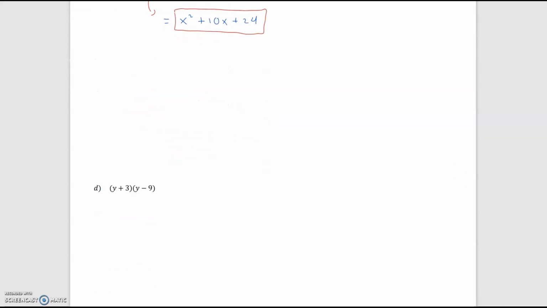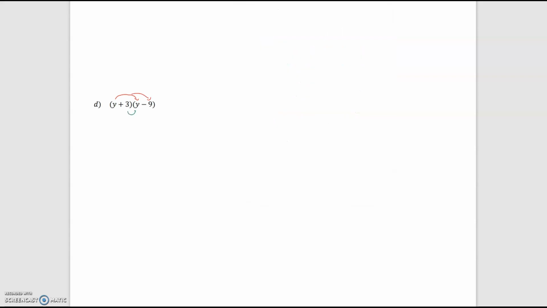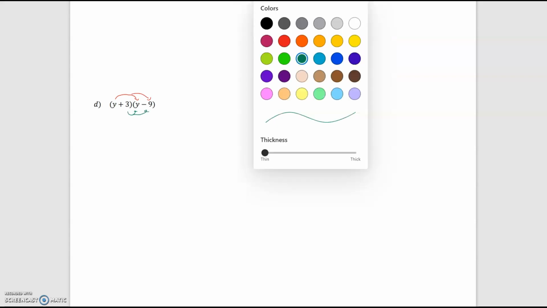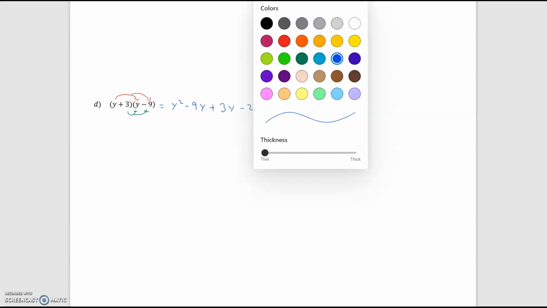Let's move on to D. And in D, we have to be careful. There's a negative in there that we need to take into account. So we're going to multiply the y, then we're going to multiply the 3. We're going to end up with y times y, which gives us a y squared, then -9y plus a 3y, and then minus a 27.